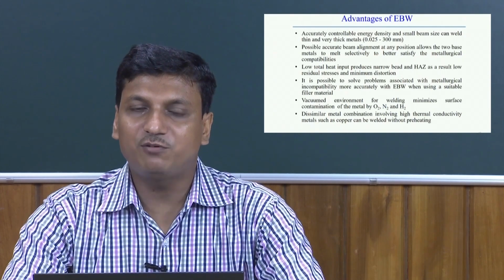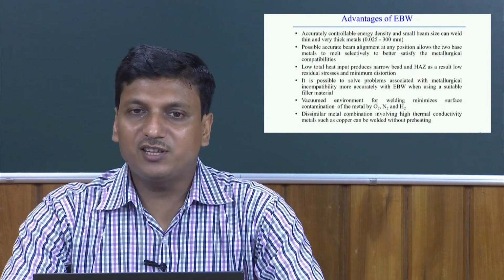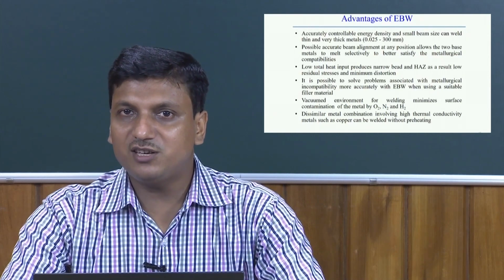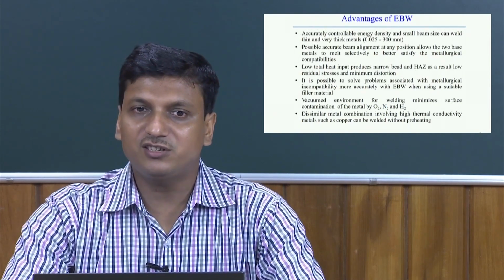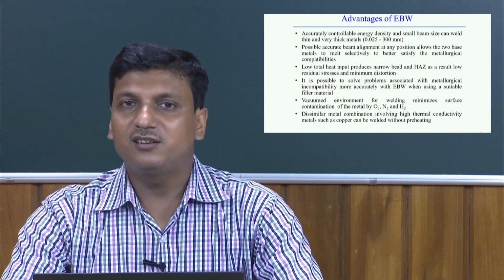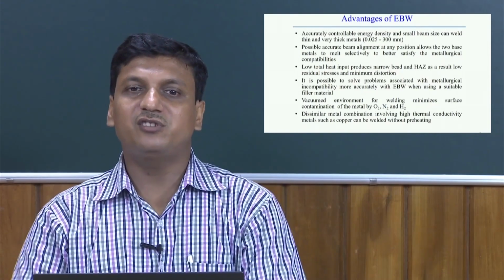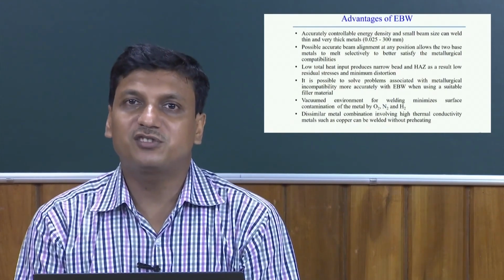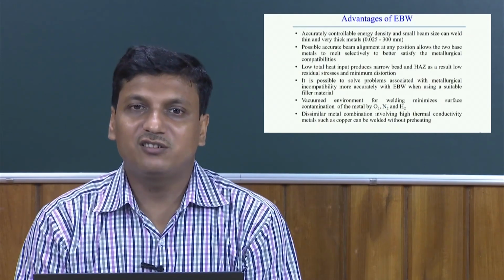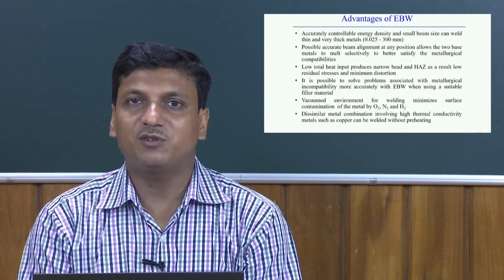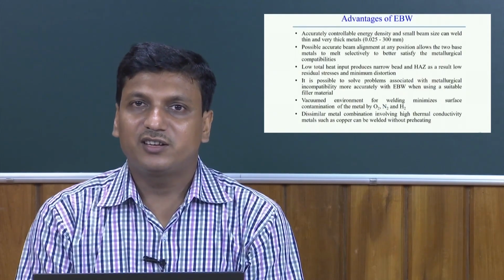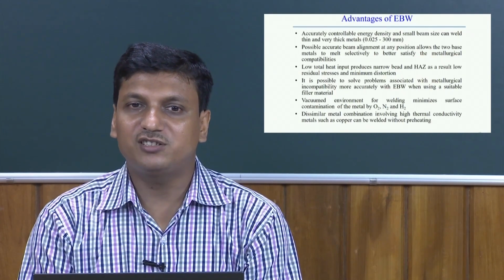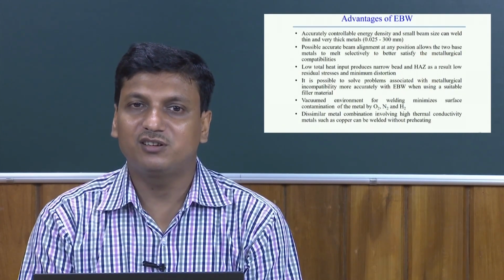Therefore, it minimizes the effects of surface contamination of the metal by oxygen, nitrogen and hydrogen, which is typically present in any arc welding process or even in laser welding processes. So, that contamination from the outside atmosphere can be minimized using the electron beam welding process. That is the biggest advantage of this process.